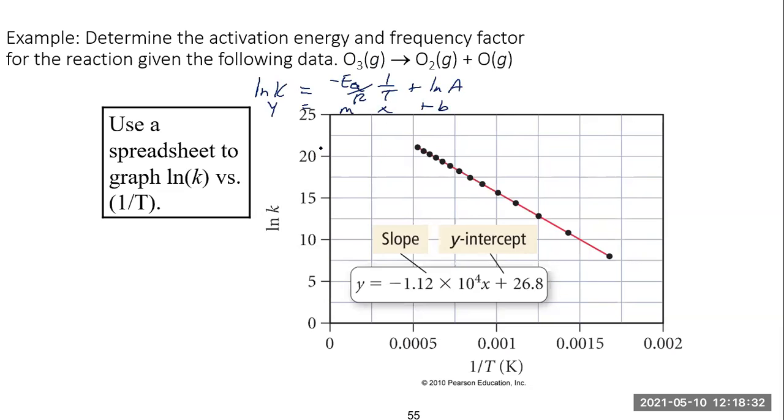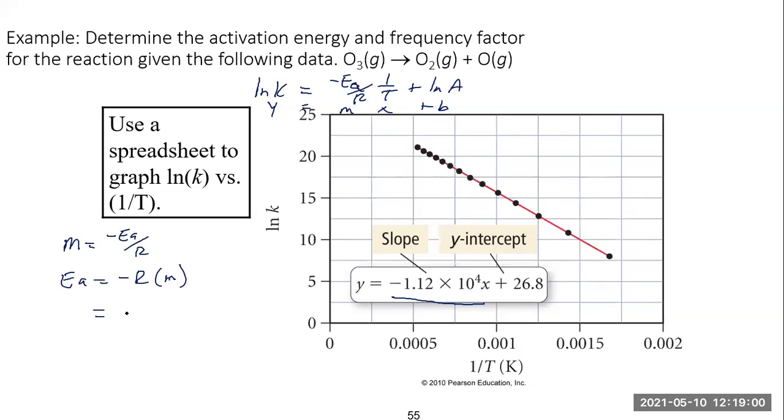So first off, if we want the activation energy, we would want to take the slope value here. The slope equals minus E_A over R. In this case, if we want our E_A, it would equal minus R times the slope.